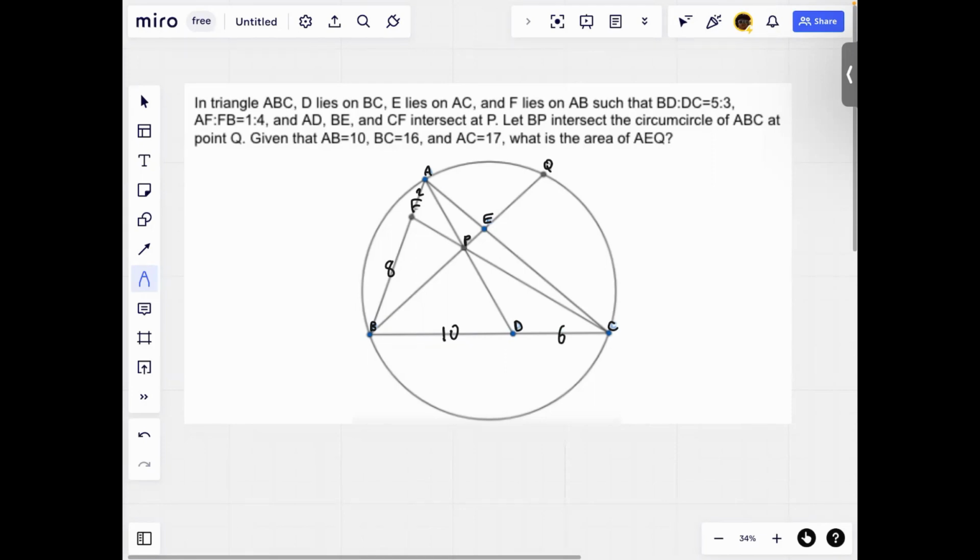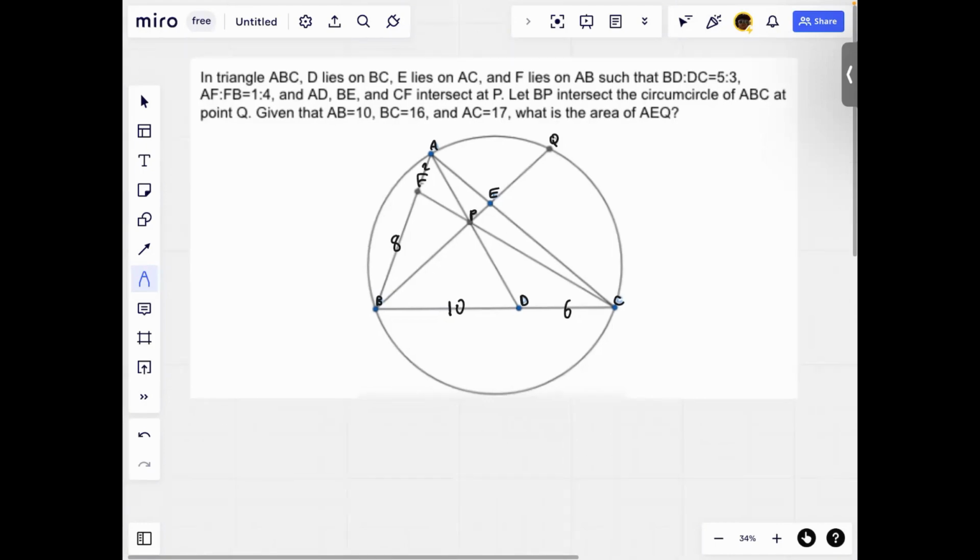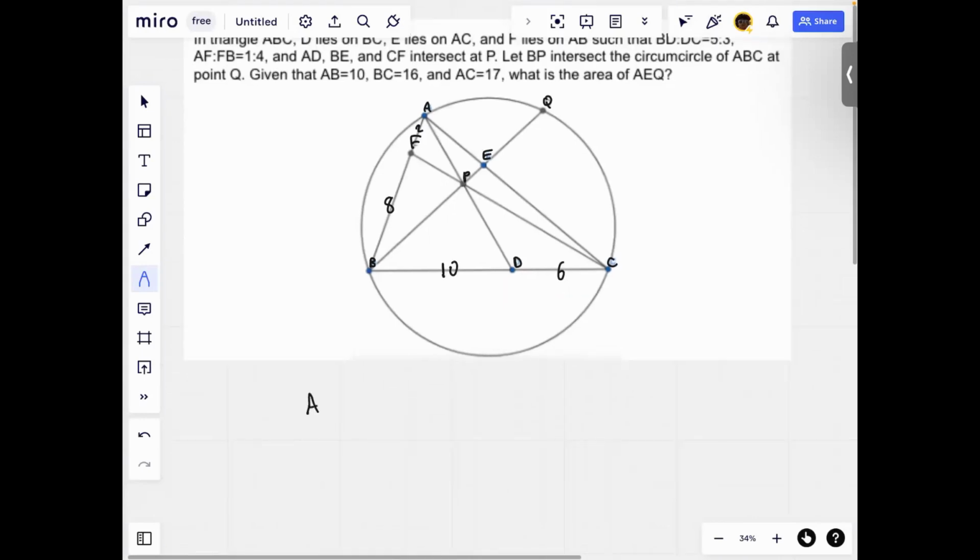And then since these three cevians meet at one point, we can find the ratio of AE to EC by Ceva's theorem. Ceva's theorem basically says that AF over FB times BD over DC times CE over EA is equal to 1, since these three cevians meet at one point.